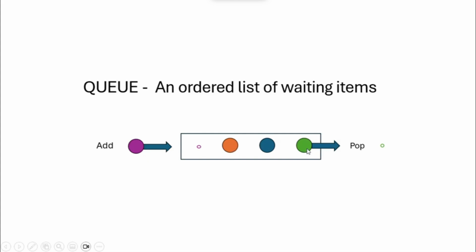A queue specifically is like a waiting line, like you would find at a typical diner. The first person there is going to be the first person served. That's the same situation for our queue data type. The first item in is going to be the first item served to us when we need information from our queue.